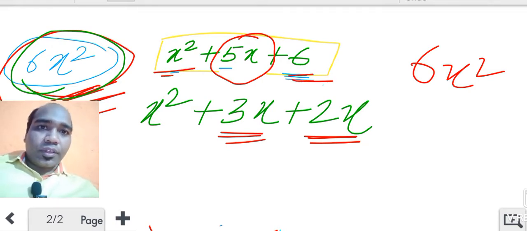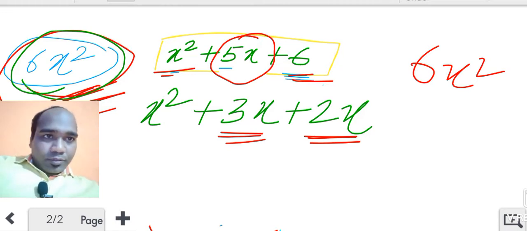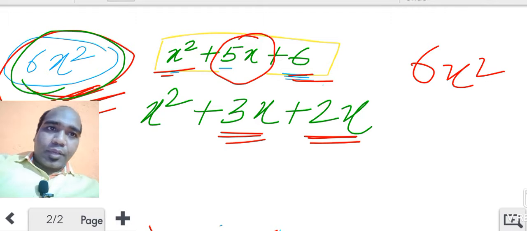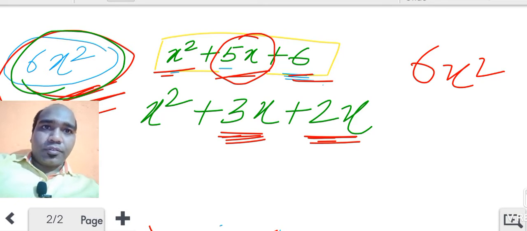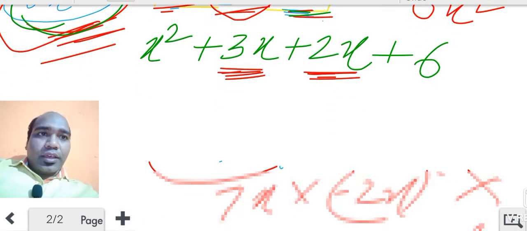It should satisfy both the conditions, then our splitting is correct. Now 5x we have split into two parts, 3x plus 2x, then plus 6 we have to write.